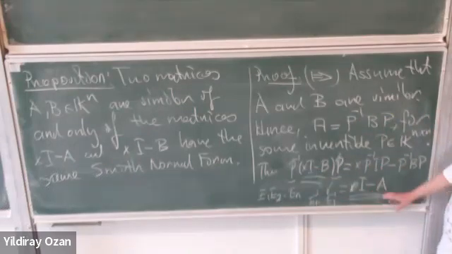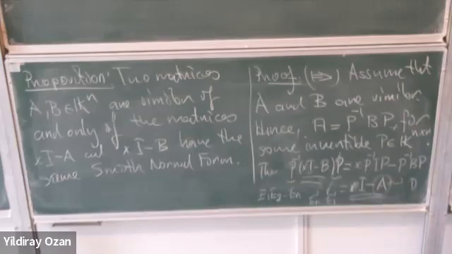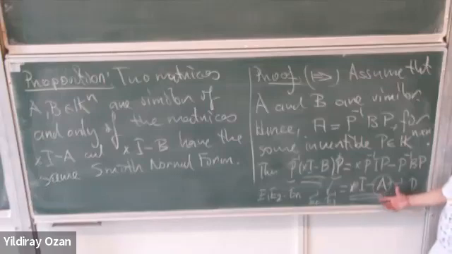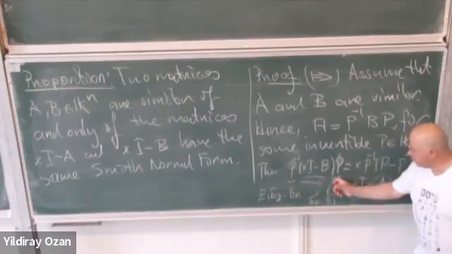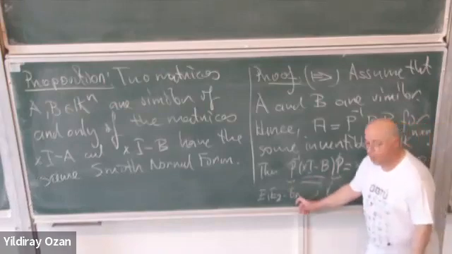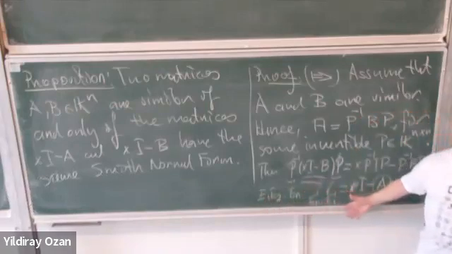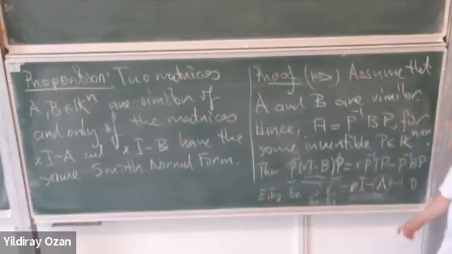Because to bring this to the symmetric normal form, you apply some row and column operations. But then you apply those column operations and row operations to this gadget, meaning that you apply some more row and column operations to this gadget, and you will end up with the same symmetric normal form.